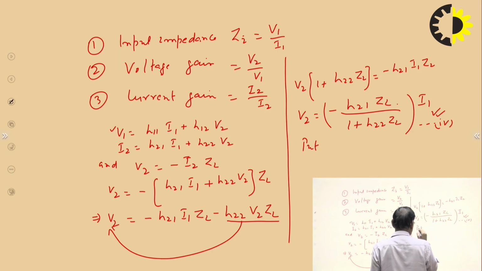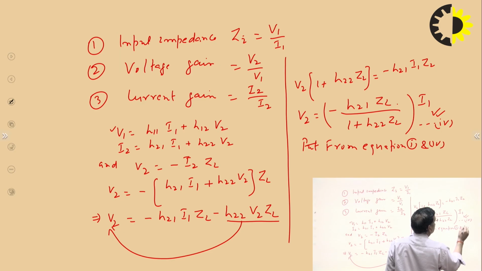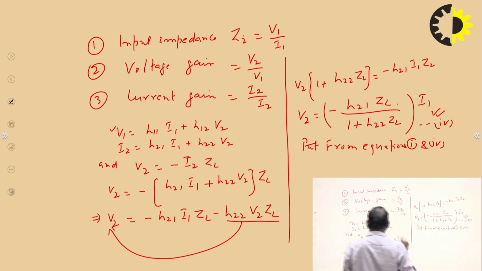So from equation first and fourth, this is your first, this is your second, and this is your third.